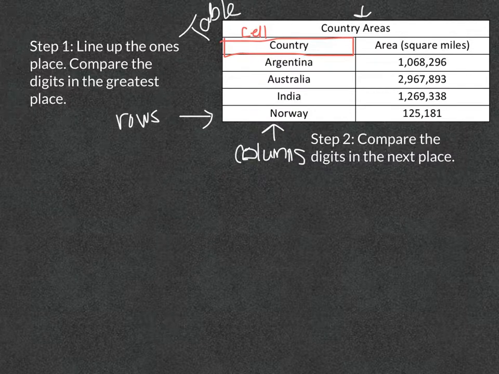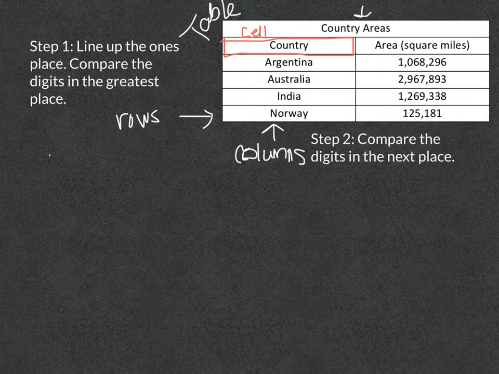Now the directions for this problem ask us to use place value to order the countries from greatest to least. So first it says we need to line up the ones place and compare the digit in the greatest place, okay?